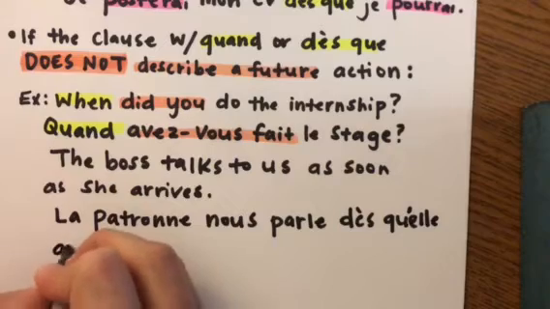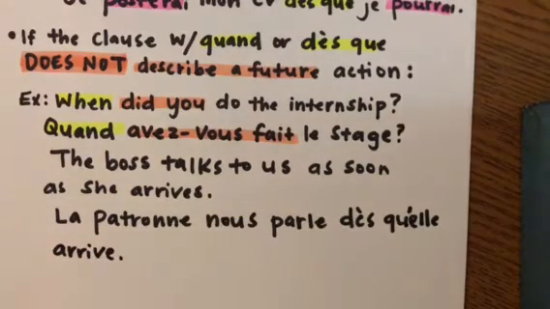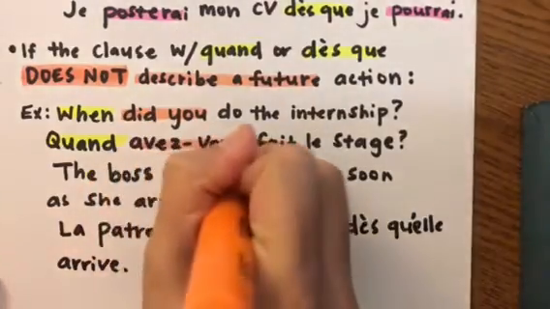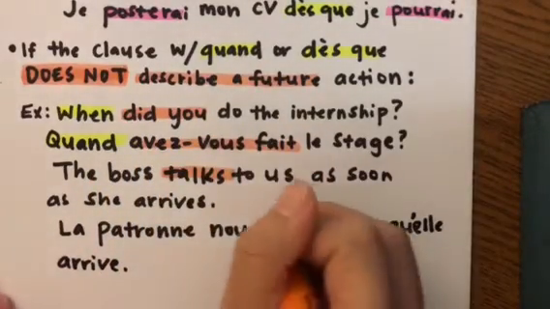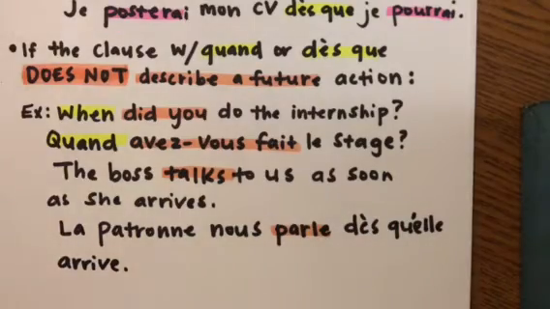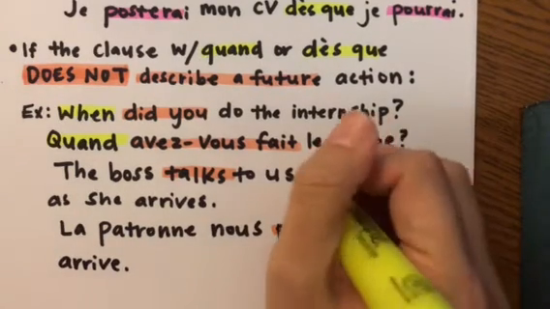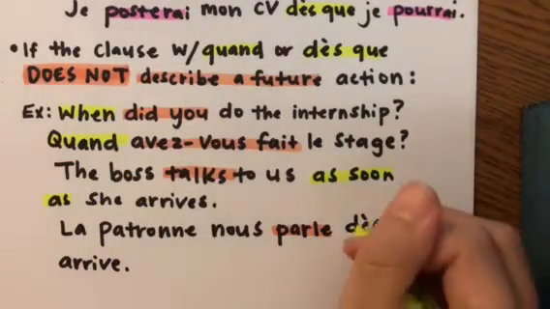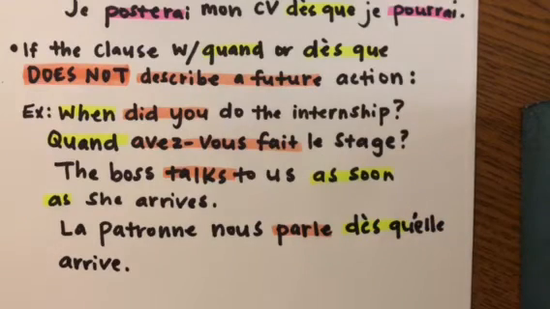Dès qu'elle arrive, okay. So we see the boss talks, she's talking to us. It's the present tense. This is any tense, it's not the future tense. So I'm going to use the present tense verbs. And then depending on what we want to say, if I want to say as soon as, I use dès que. If I want to say when, I use quand. And obviously, verbs next to each other, we want to make sure that that's fixed. Okay, awesome.